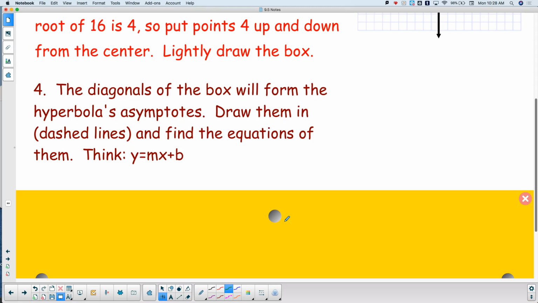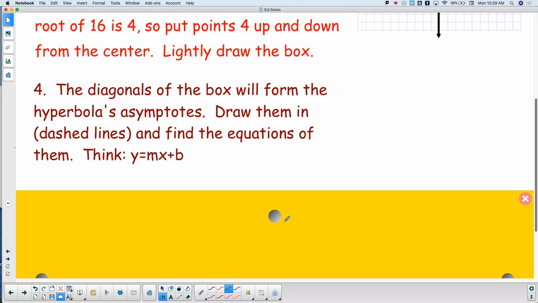The nice thing about hyperbolas is they will fit inside a set of asymptotes. So it's not like you have to guess where it's going to go out to, like a parabola. I'm going to give you the framework for them.